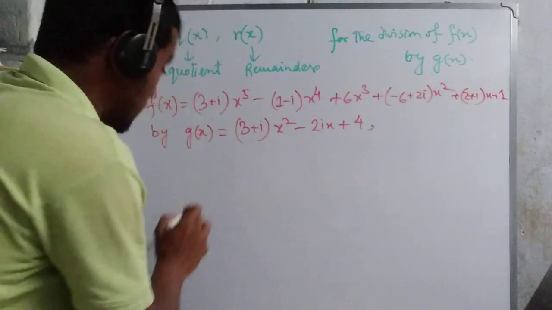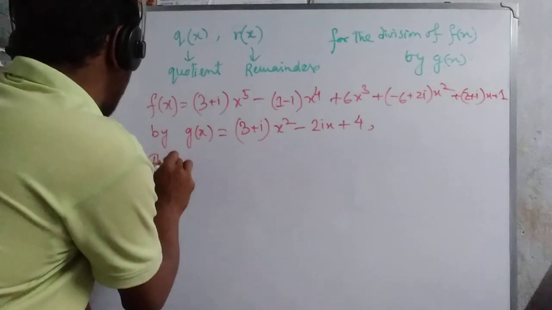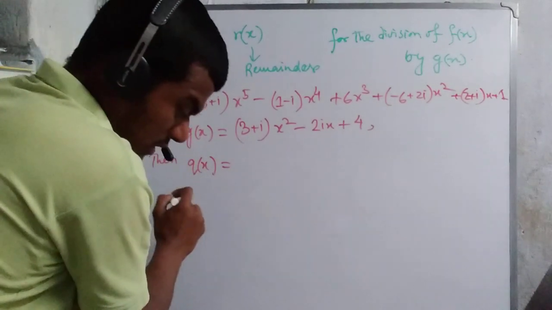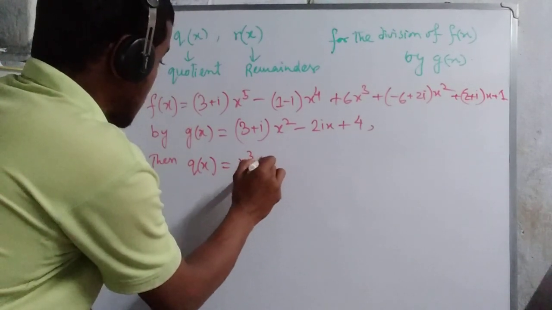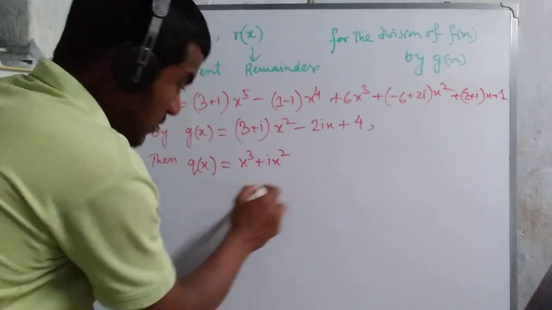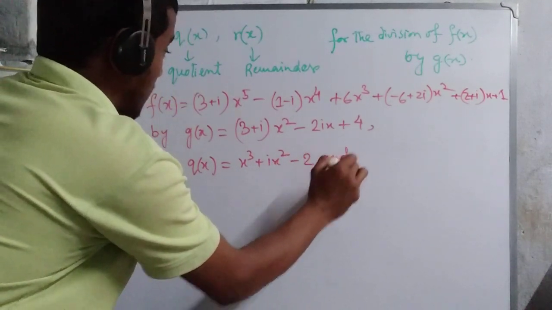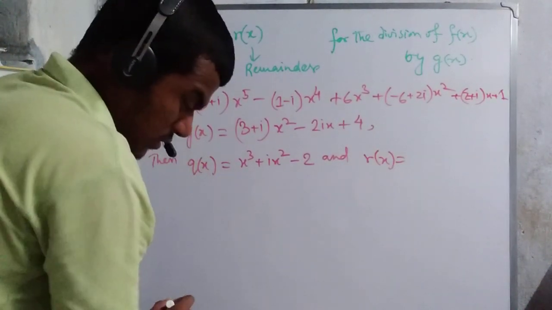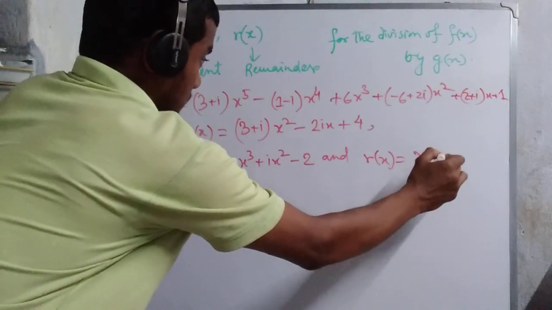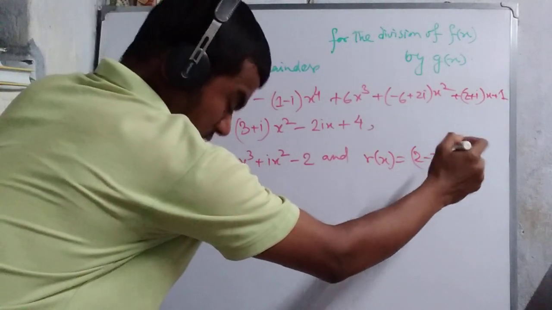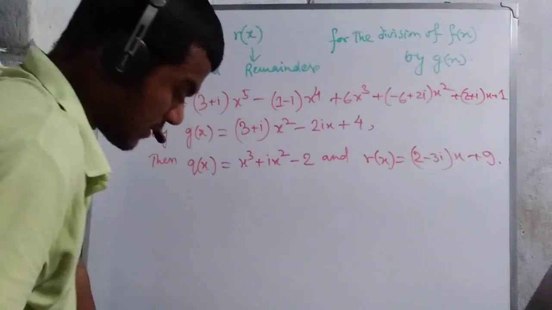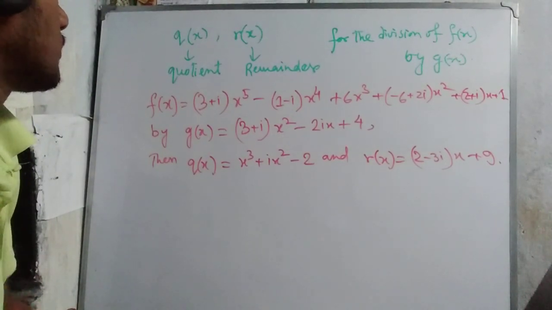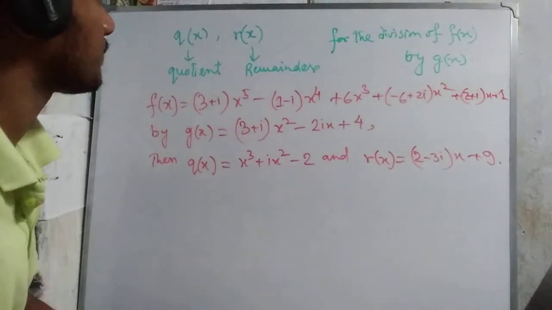Then q(x) equal to x cubed plus i x squared minus 2, and r(x) equal to (2 minus 3i) x plus 9. So this is an example we discussed today.